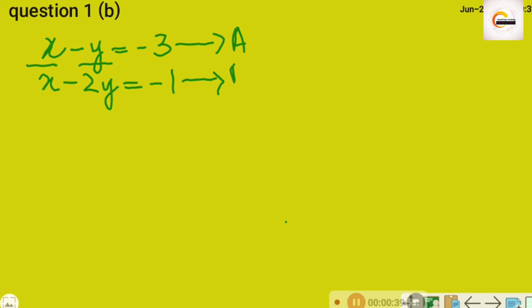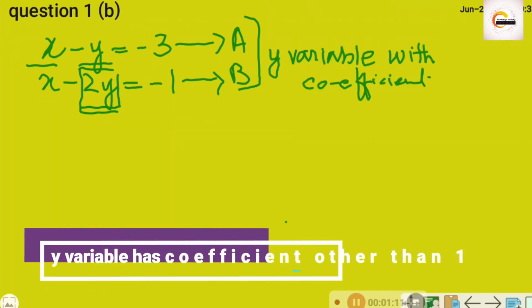Let's call this other equation b. Now as we can see, in equation a the y variable has no coefficient, but in equation b the y variable has a coefficient, that is 2. Now how am I going to solve this kind of equation when the y variable has a coefficient? Okay, so solution.